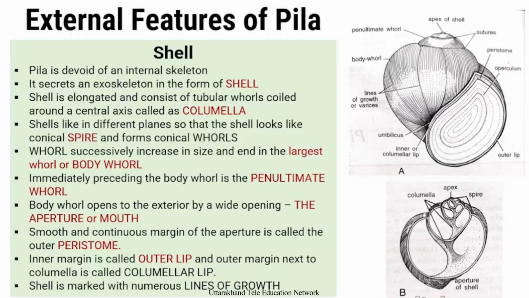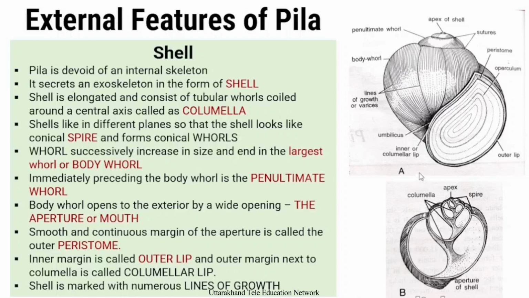Shell is elongated and consists of tubular whorls coiled around a central axis called the columella. So these all are the tubular whorls, right? You can see here, and these all whorls are coiled around the central axis called columella. You can see in this picture how the columella looks.